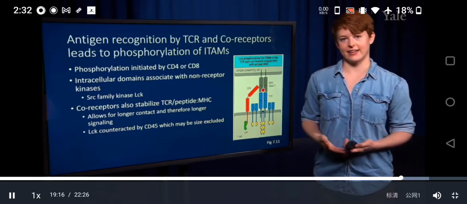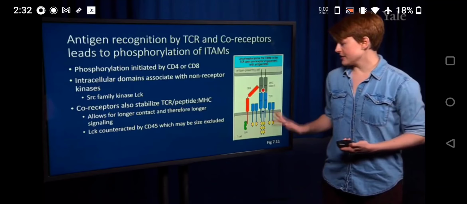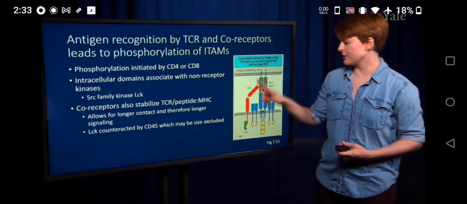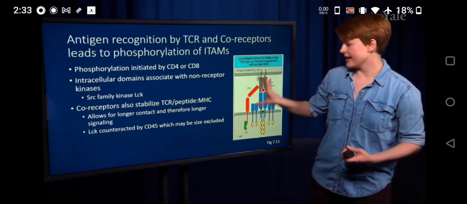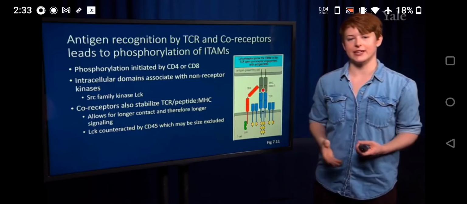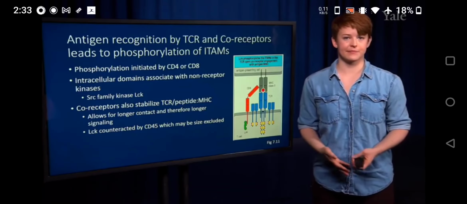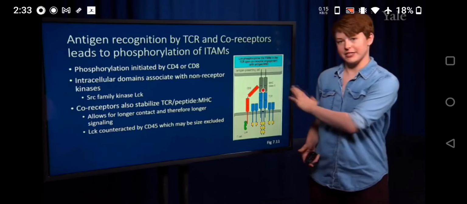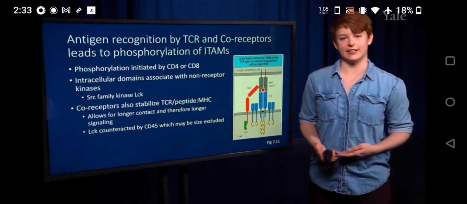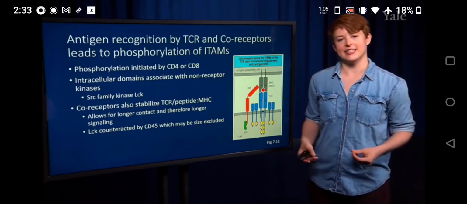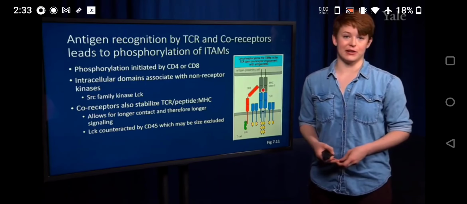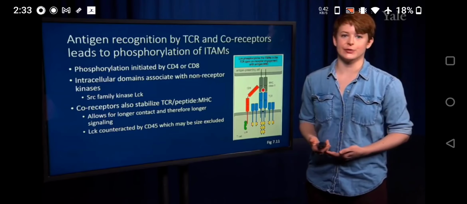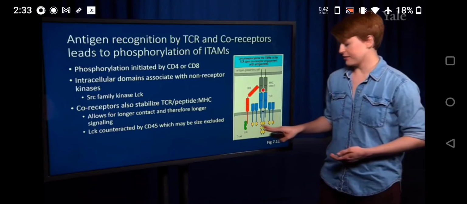CD45 is a very large molecule, so it cannot fit in this area between the two cell membranes. So the fact that the TCR and MHC class 2 binding occurs may force out that CD45 molecule, so then there's nothing stopping Lck from phosphorylating these ITAMs intracellularly.